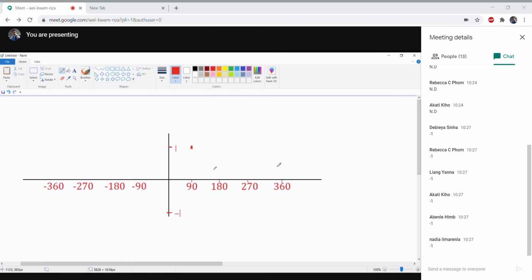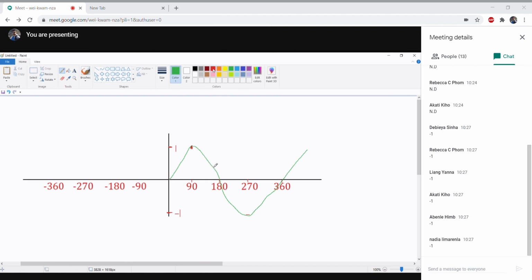Sine 180 degree you will find here again 0, and sine 270 you will find here, -1, right? And again 360 is 0. So the sine curve looks like this. I hope you can understand, this is not so smooth, but it looks like this.